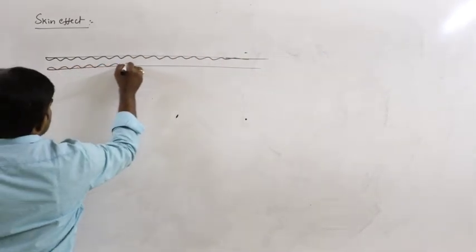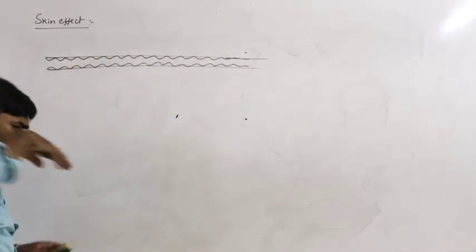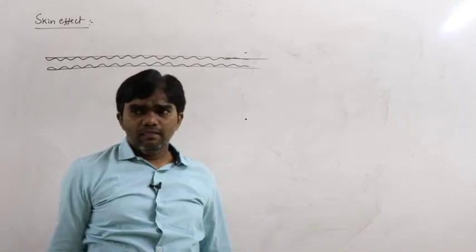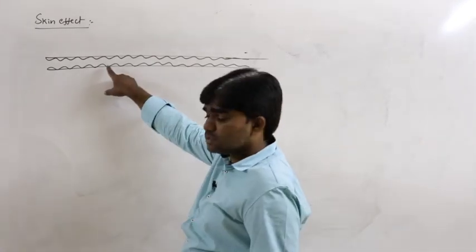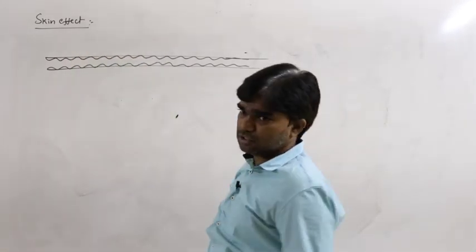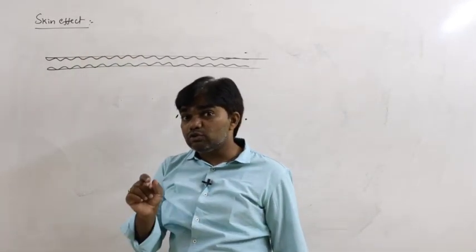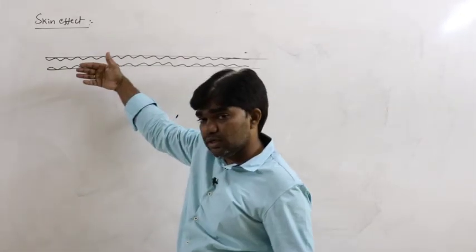The alternating current does not pass completely through the inside. Of course, if DC current flows through the conductor, then DC current flows throughout the area of cross section. Total area, it covers the total area.